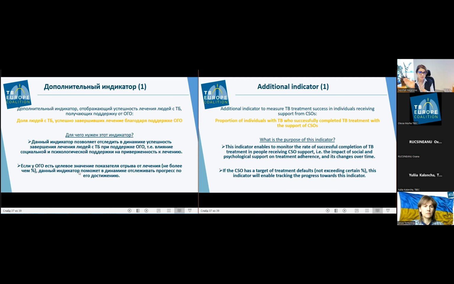Where you fill out the database, you will have this indicator in place, whether the individual receives any support from the CSO or not. So we need to think one step ahead to ensure sustainability. We need to think about how this recommendation could be extended to the countries so that it were possible to facilitate data collection.